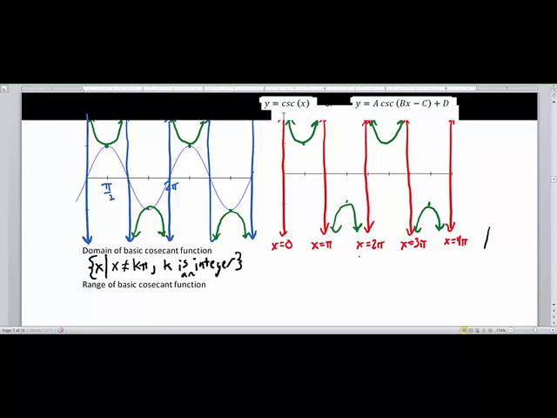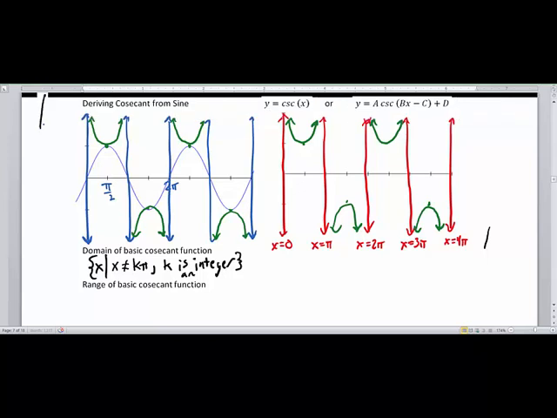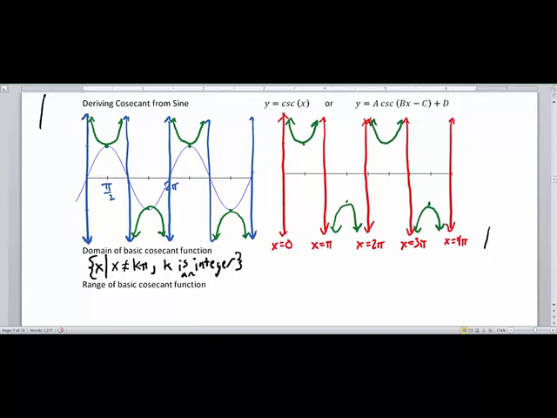Okay, so we're not going to try the interval notation, because it's going to give us an infinitely long series. And I feel like at this level, this is as much as we really could do or need to do. Let's do the basic cosecant range.